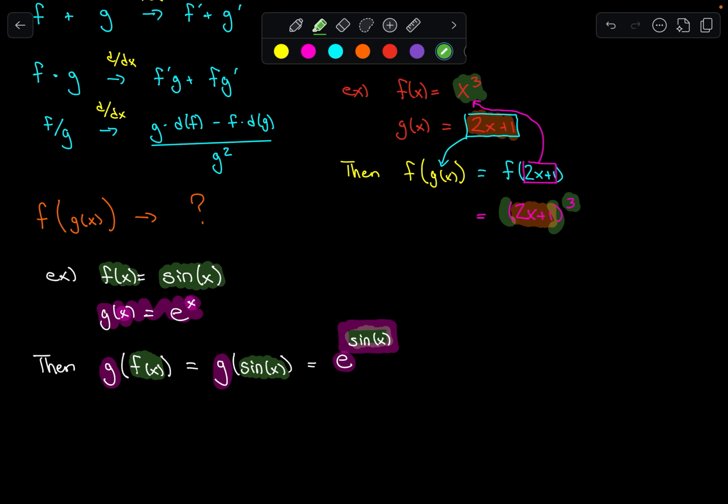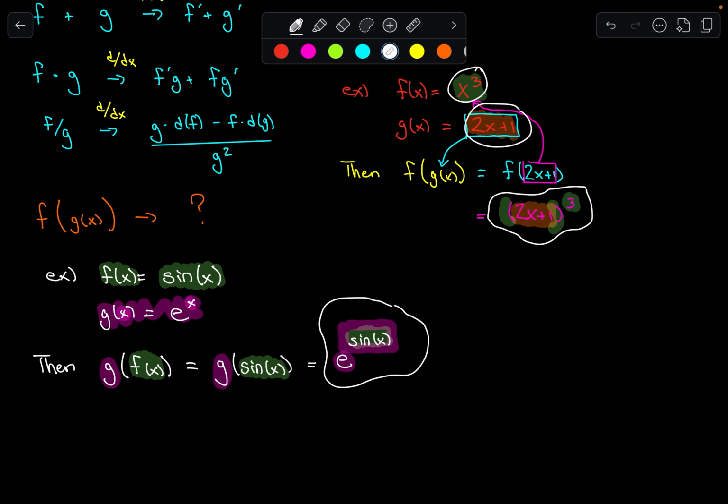It's going to be really important for us to be able to identify these things moving forward, because this is how we identify that we need to use the chain rule. When you look at a function and you go, wait a second, this thing is a composition of two functions happening at once. This is a composition of a polynomial and another polynomial.